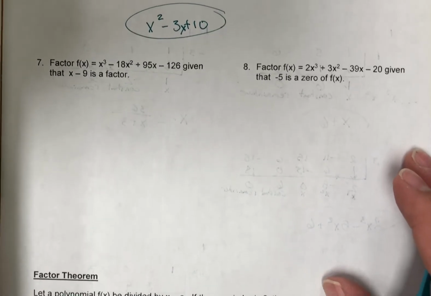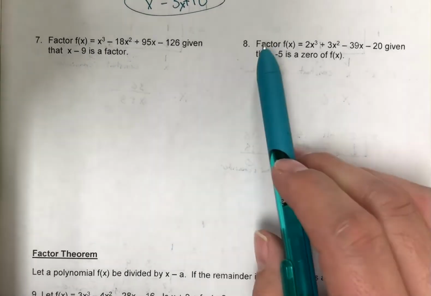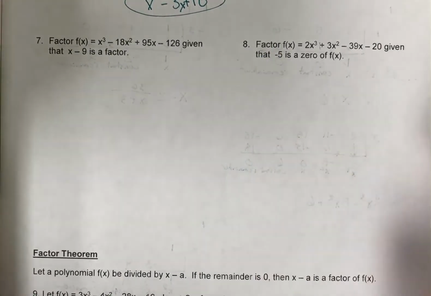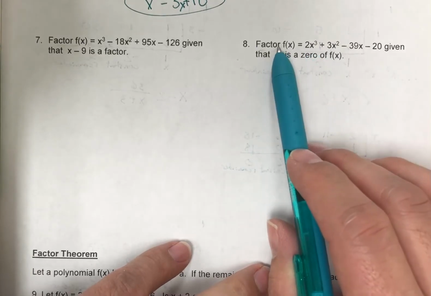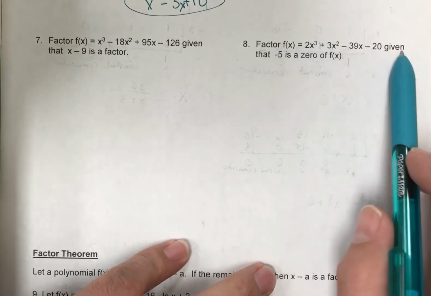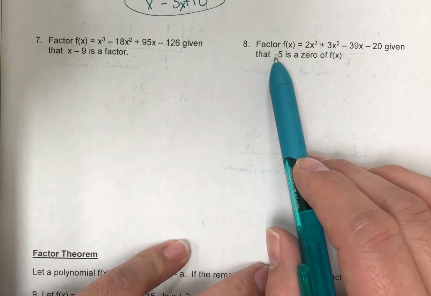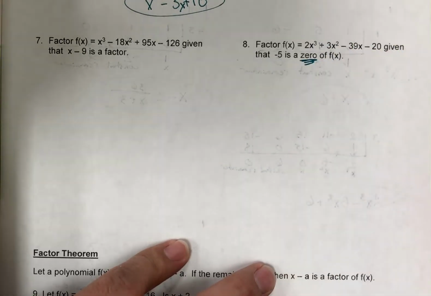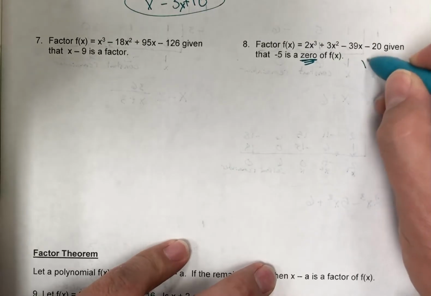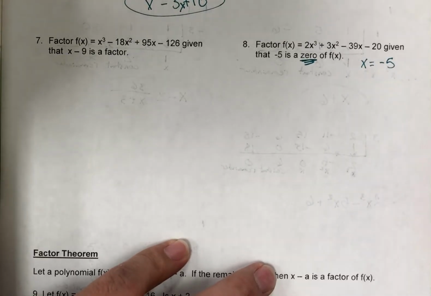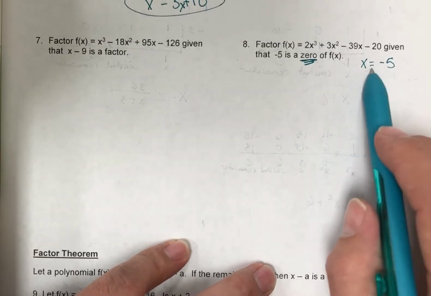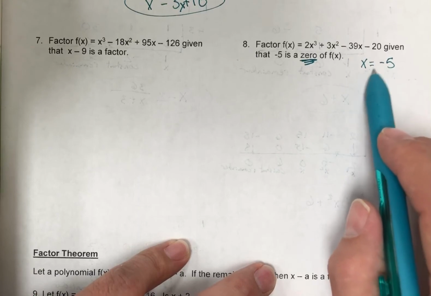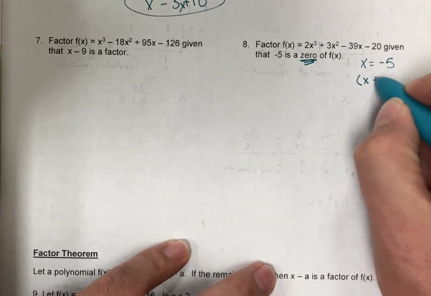This time, I want to show you the difference. Number 8 right here is just slightly different because it says that we are given that -5 is a zero of f of x. So that means that x is equal to -5. So this is not written as a factor. If I wanted to write it as a factor, it would be x plus 5.